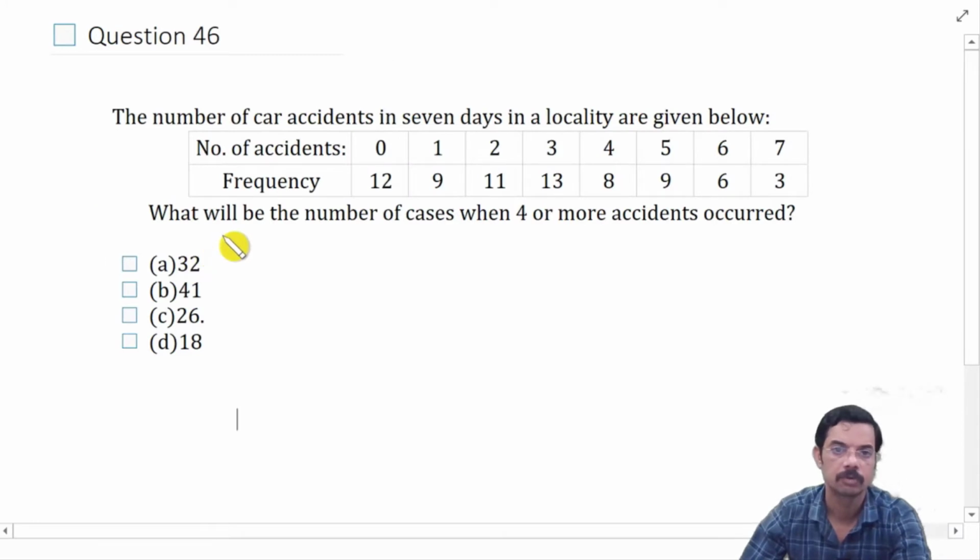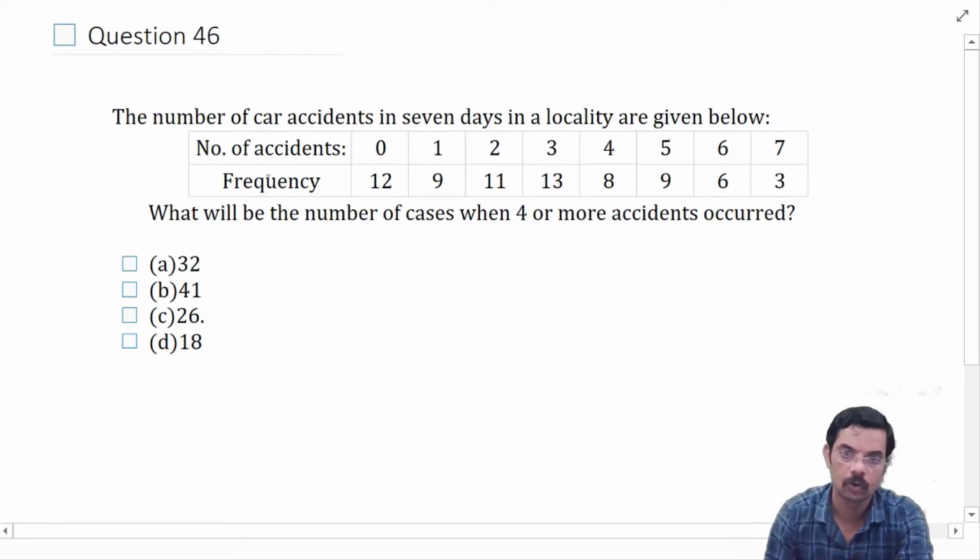Question number 46. The number of car accidents in 7 days in a locality are given below. Then what will be the number of cases when 4 or more accidents occurred? So here the number of accidents are 4 or more.